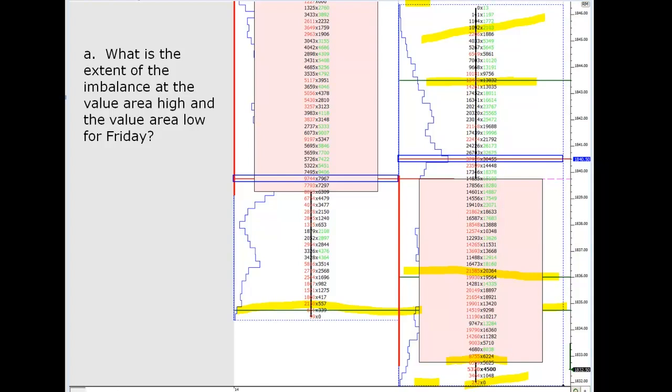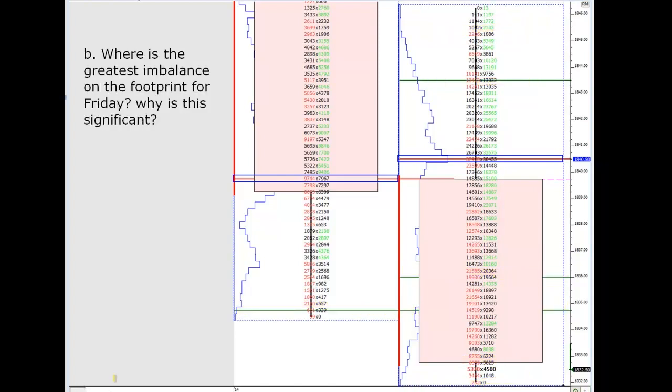All right, now let's take a look at another question on this 1440 minute chart. Where is the greatest imbalance on the footprint for Friday, and why is this significant? Well, the greatest area of imbalance is really up here. There's two of them, but this one is probably a little bit more significant.